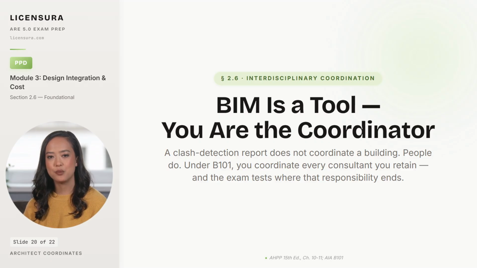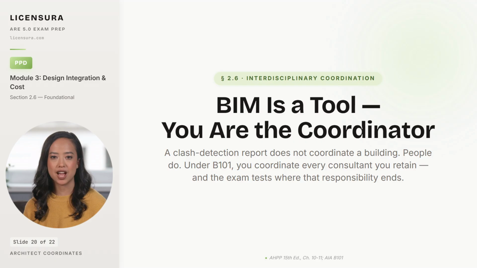Under AIA B101, Article 3, the architect coordinates the design services of every consultant the architect has retained: structural, MEP, civil, landscape, specialty. The architect does not automatically coordinate consultants the owner retains directly, and that contractual line is heavily tested.